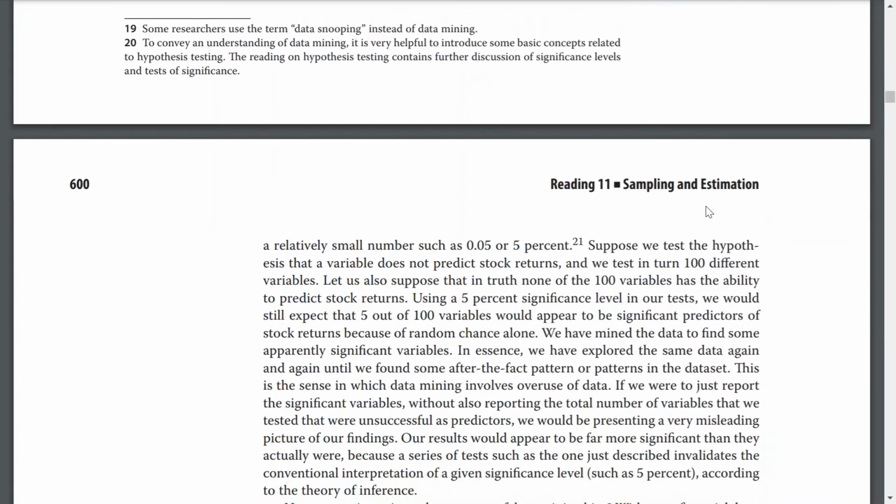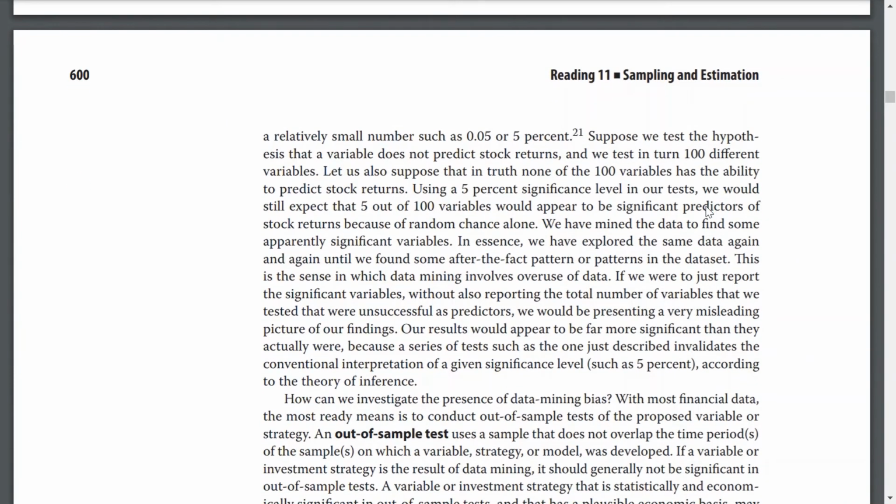Suppose we test the hypothesis that a variable does not predict stock returns, and we test 100 different variables. Let us also suppose that in truth none of the 100 variables have the ability to predict stock returns.